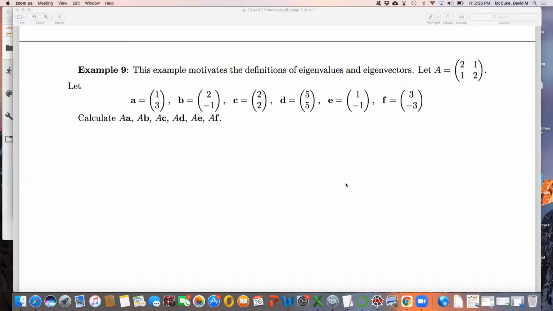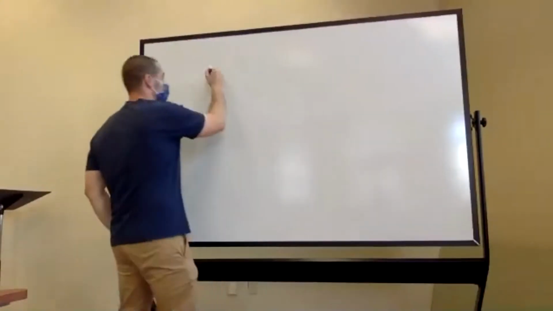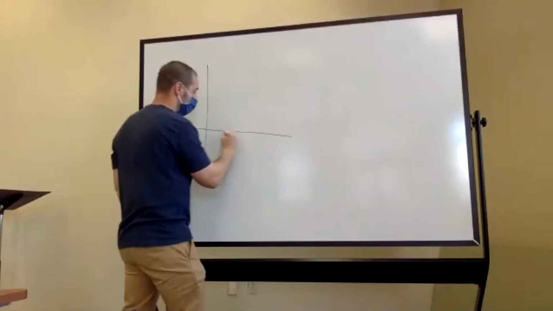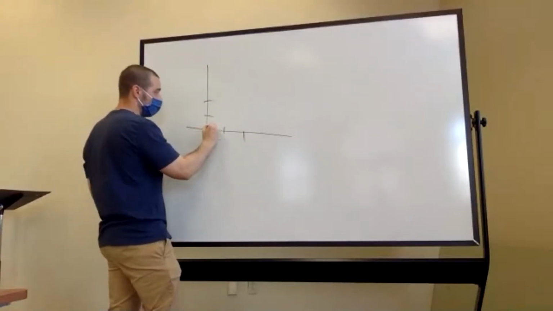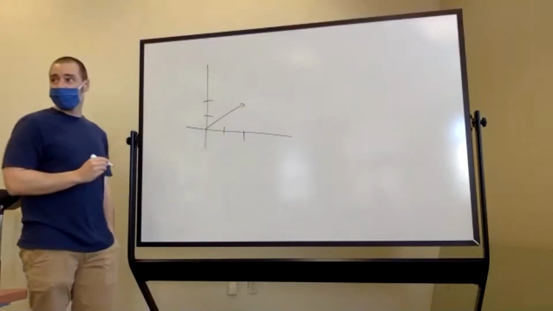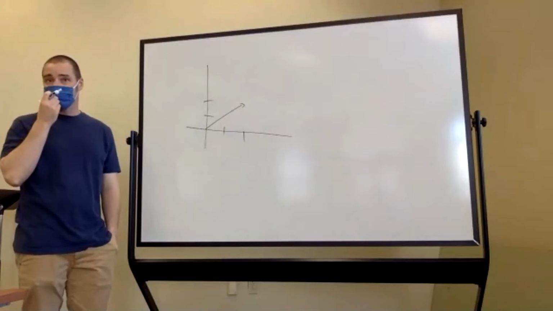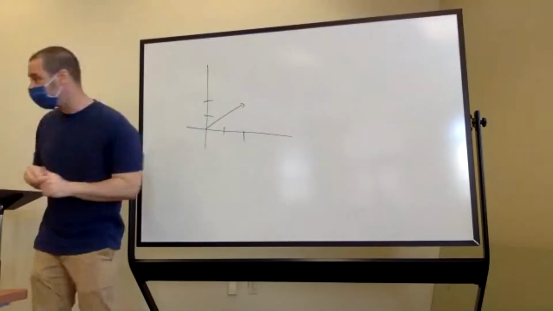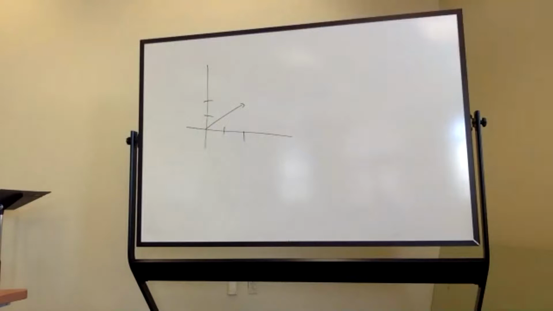But here, top entry and bottom entry are both scaled by 3. So visually, I'm running out of room, but visually what's happening is this. Okay, so 2, 2. It's just literally importing the point 2, 2. You fed that vector into the matrix, and the matrix says, oh, okay, I see your 2, 2.